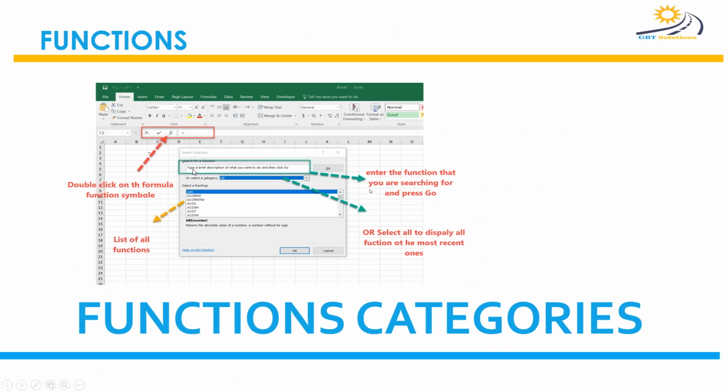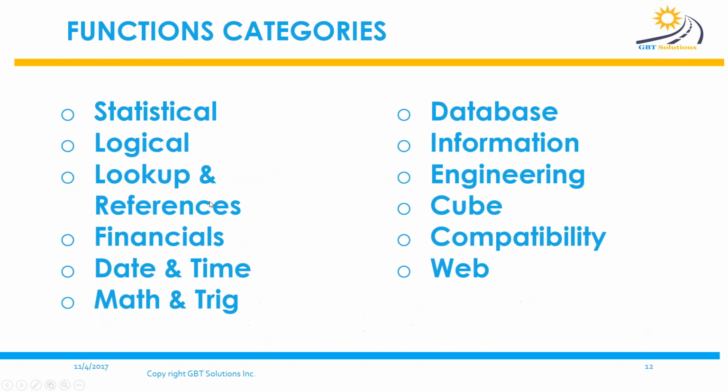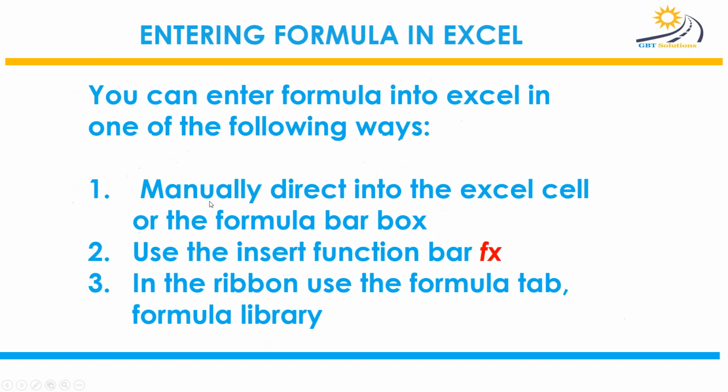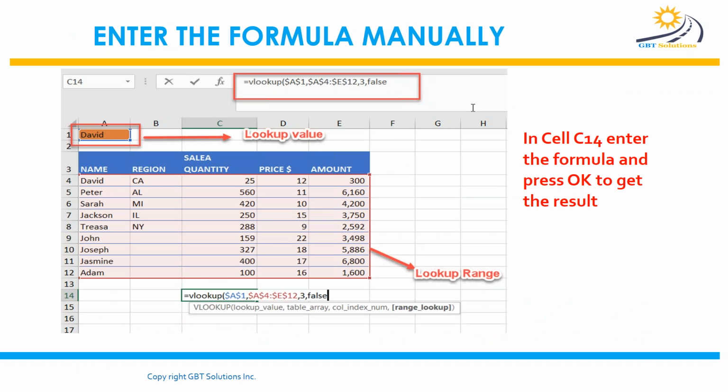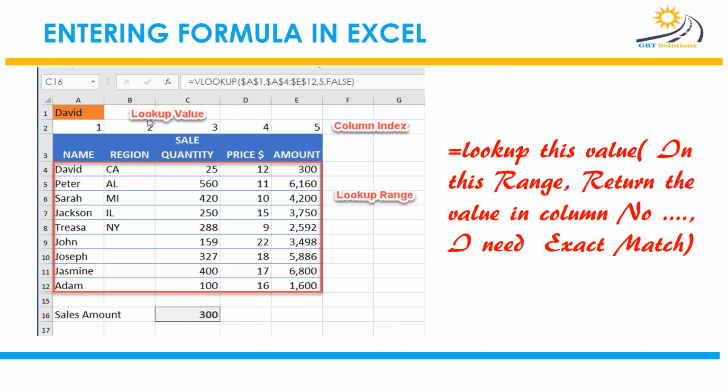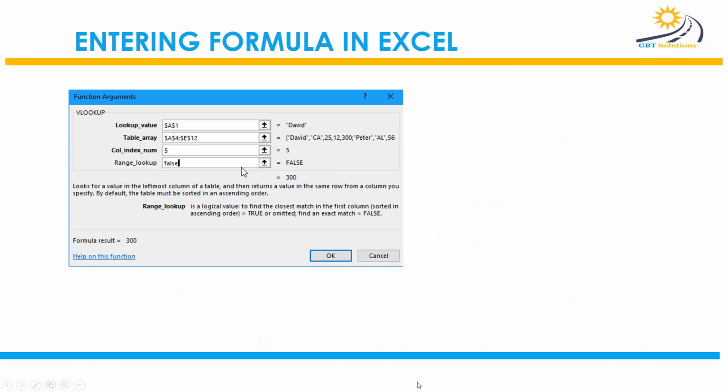So then we will put here the VLOOKUP and press go. The VLOOKUP will start here, and then we double click here. Once we double click the formula in the insert functions dialog box, we will have this functions argument.